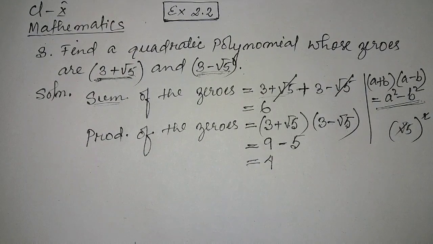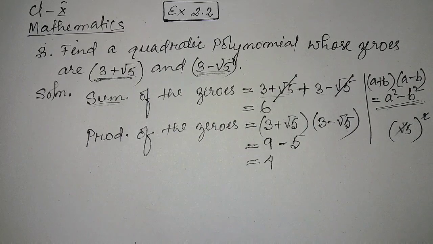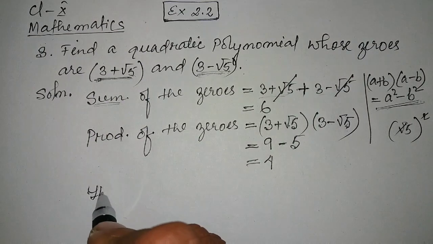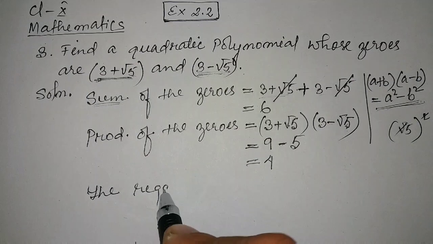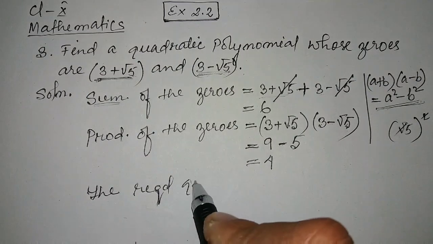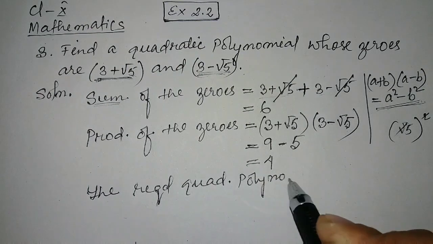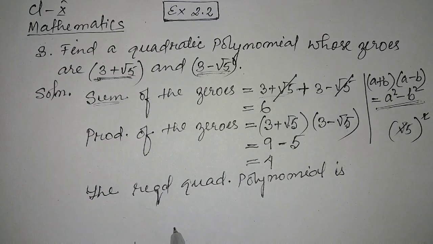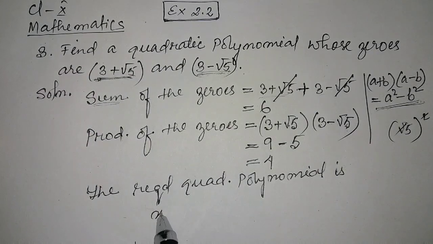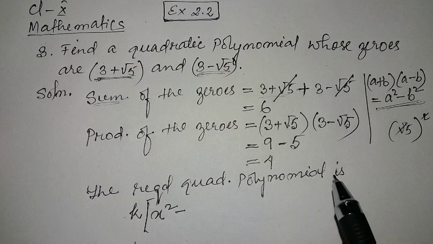Now since we have already here the sum of the zeros and the product of the zeros, now we can apply the formula and get the quadratic polynomial. The required quadratic polynomial is k x square minus the sum of the zeros.